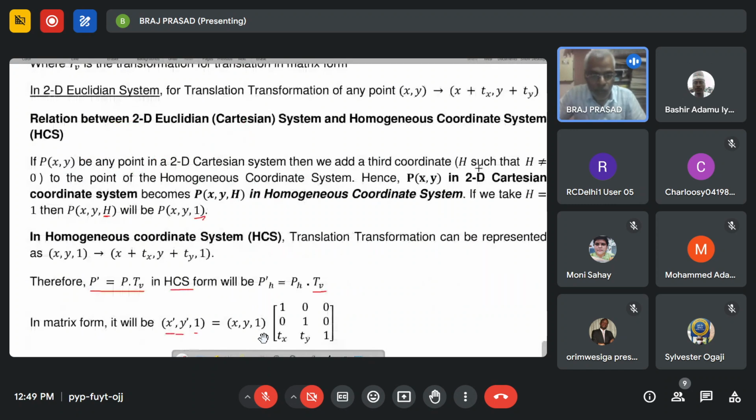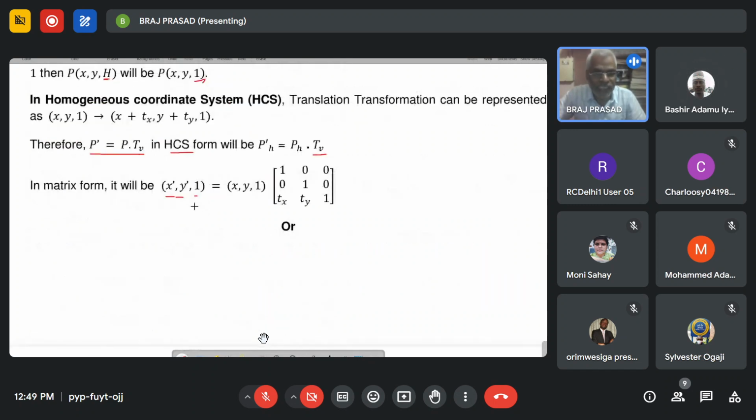So in the Cartesian form, the P dash H will be written like this, and PH written in this form, and PV in this form. It is in a row matrix, but we can also use a column matrix.